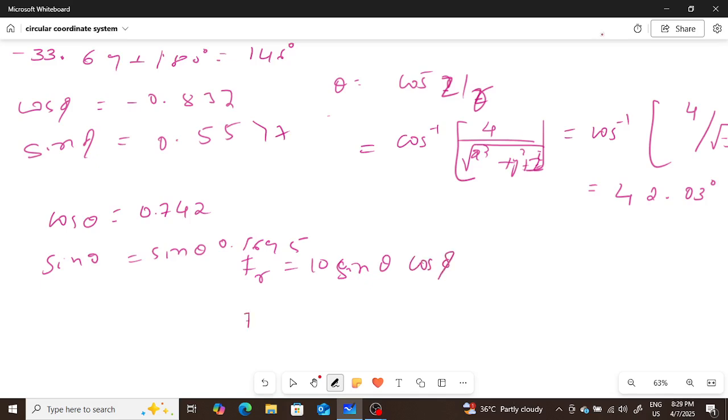F theta is 10 cos theta into cos phi. F phi is 10 into minus sin phi. So substitute theta and phi values, and you will get Fr, F theta and F phi.